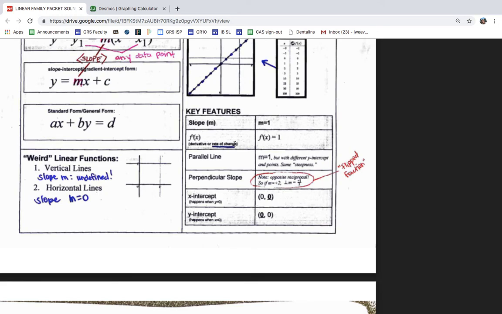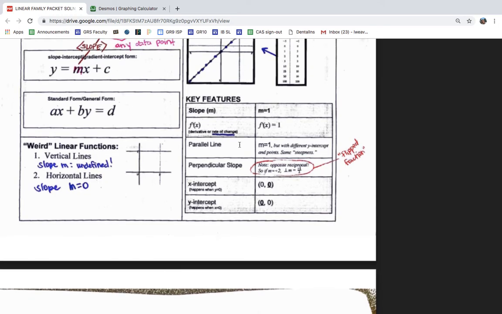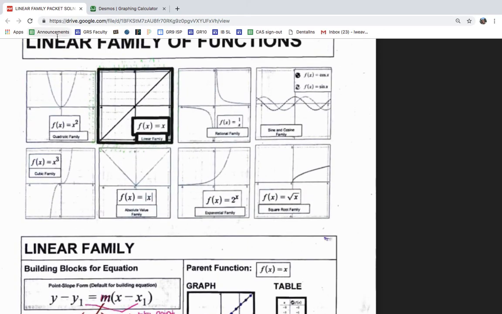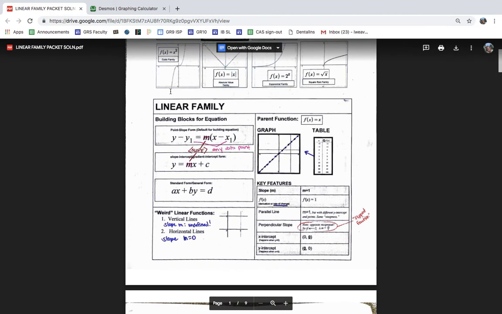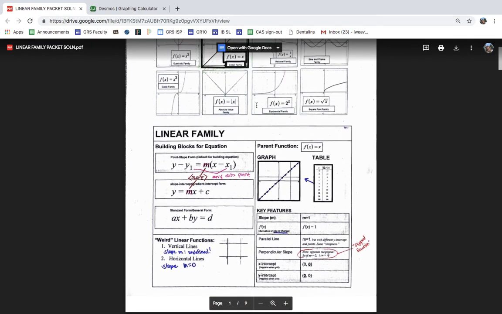When we get to different families, the rate of change will change over time. For instance, if you looked at this quadratic, here the rate of change, it's going down, it's negative. Here the rate of change is 0, and then here the rate of change is positive. But in the linear family, the rate of change is just the slope. It's constant the whole entire time. So that is what you need to know about the cover page and introduction to the linear family.